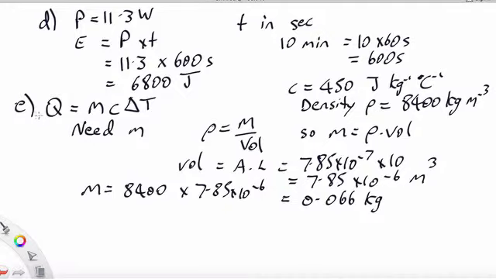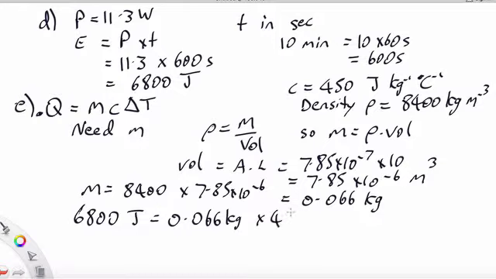So now substituting into this equation, we have 6,800 joules is 0.066 kilograms times 450 being the specific heat, joules per kilogram per degree centigrade times our change in temperature.